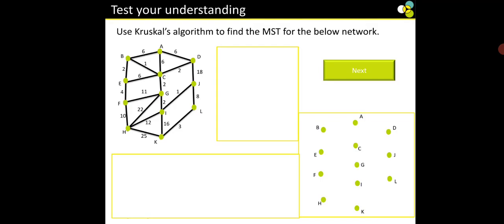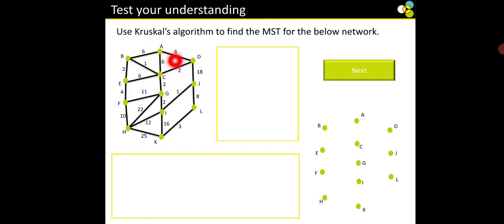Then here is another example. Here we have to find the minimum spanning tree by applying the Kruskal algorithm. They have given the values here. It already contains cycles, so we have to remove these cycles while applying the Kruskal algorithm.